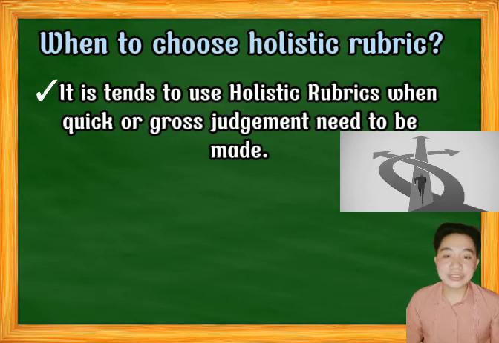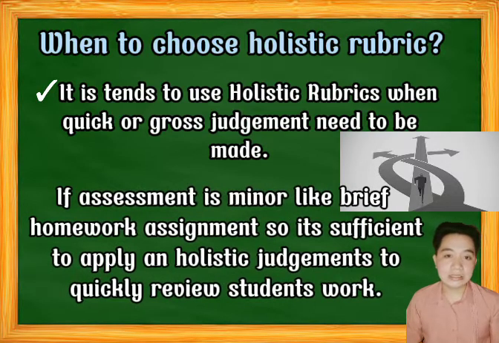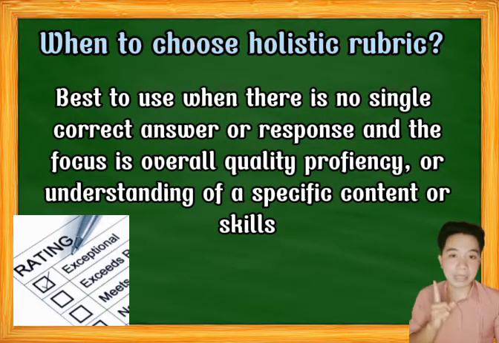The next question is when to choose a holistic rubric. You tend to use holistic rubrics when a quick or gross judgment needs to be made. If the assessment is minor, like a brief homework assignment, it's sufficient to apply a holistic judgment to quickly review student work. Holistic rubrics are best to use when there is no single correct answer or response and the focus is overall quality, proficiency, or understanding of specific content or skills.